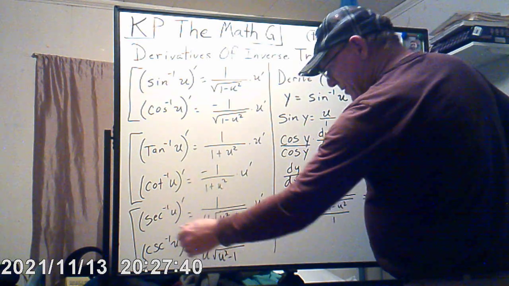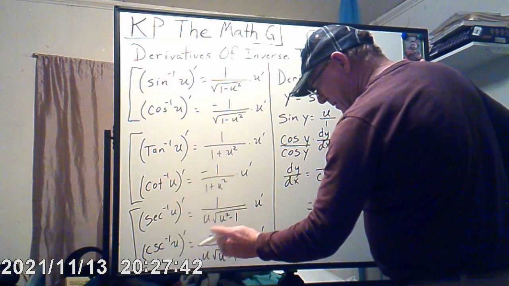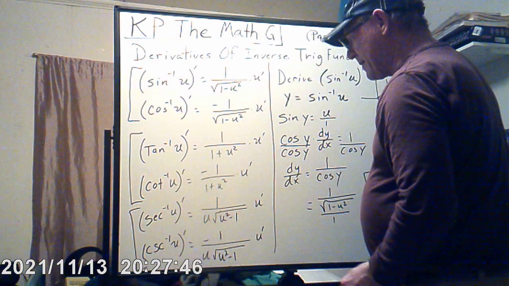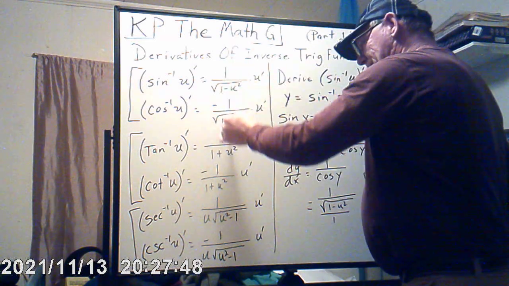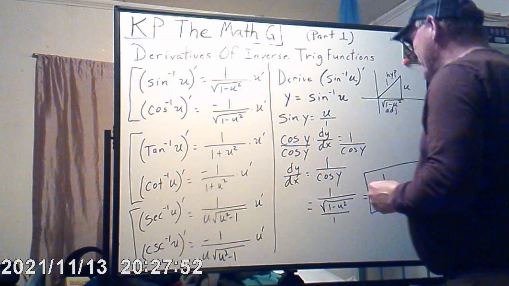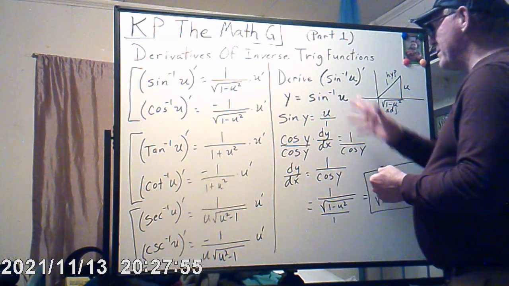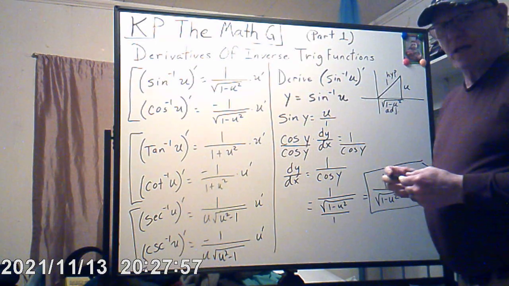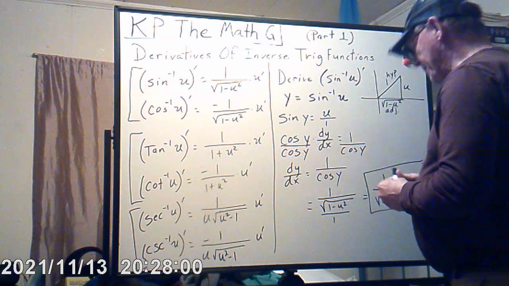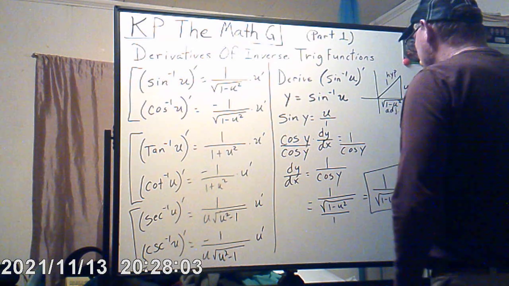And again, the cosecant is almost the same except for the negative here. Okay. Always going to have a 1 in the numerator or negative 1. Okay, that's the way I do that. Okay, so we have derived sine, or the derivative of sine inverse. So let's look at another one.